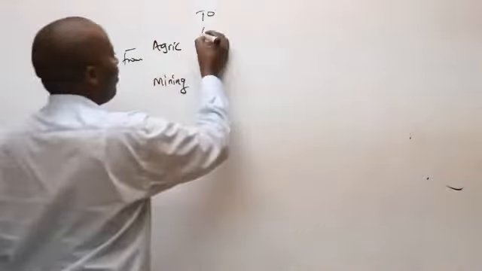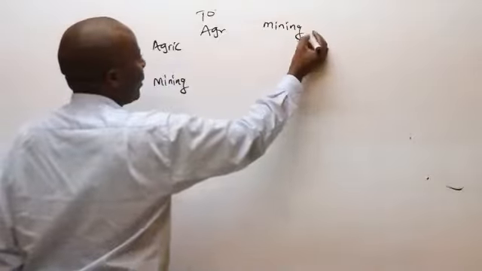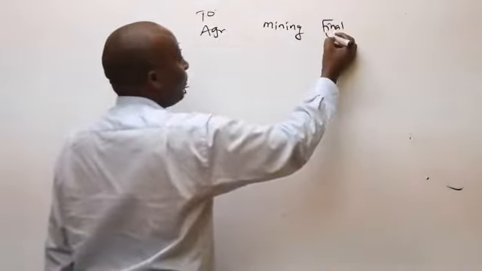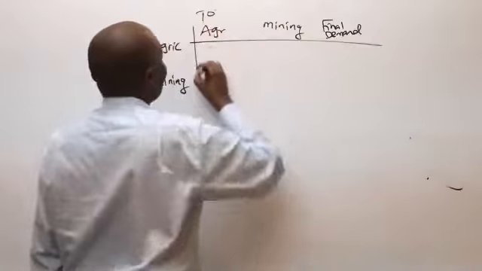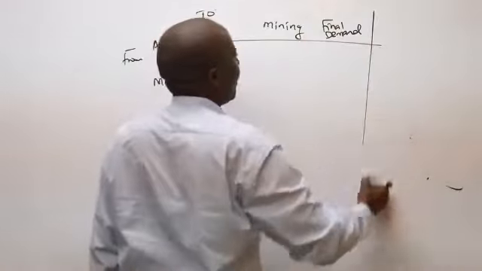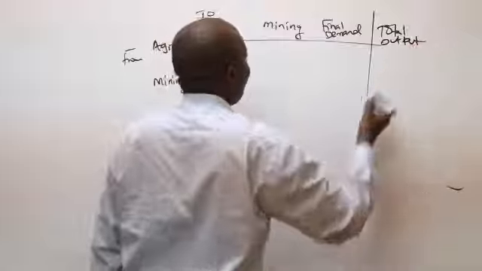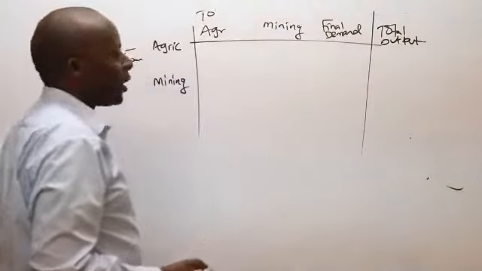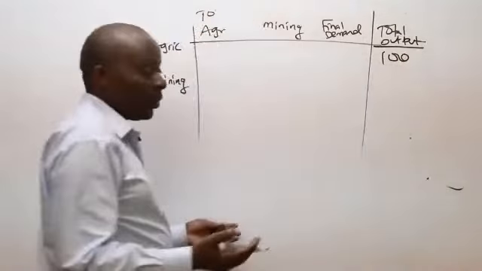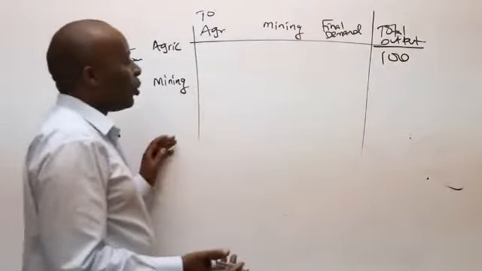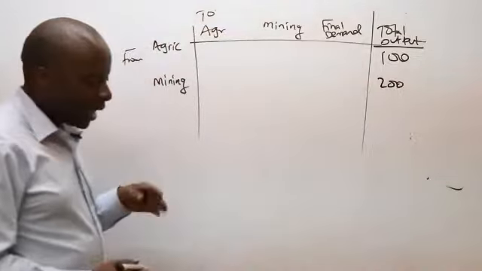We have the same matrix here, agriculture, mining, then the final demand. Then here we have what we call the total output. Agriculture in the year produced 100 million kilograms, and for example, mining produced 200 kilograms of limestone.